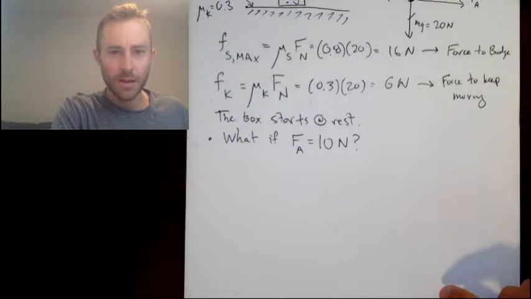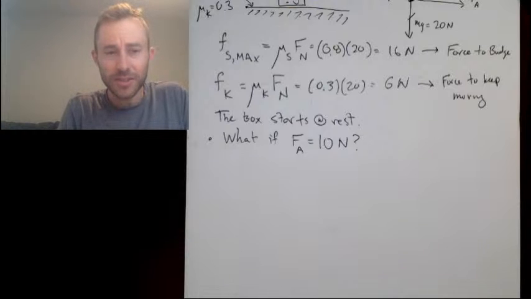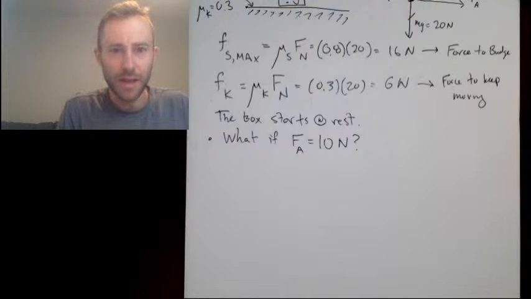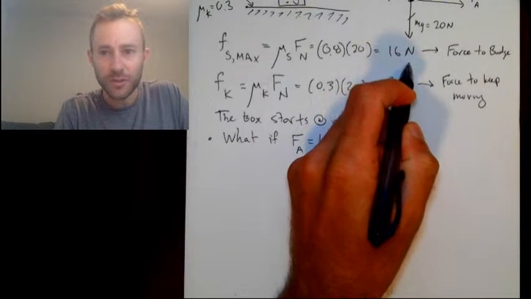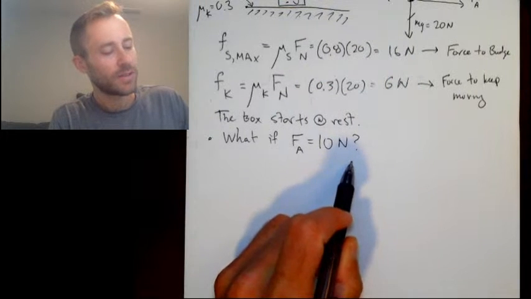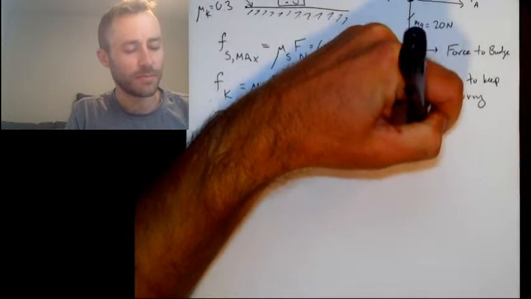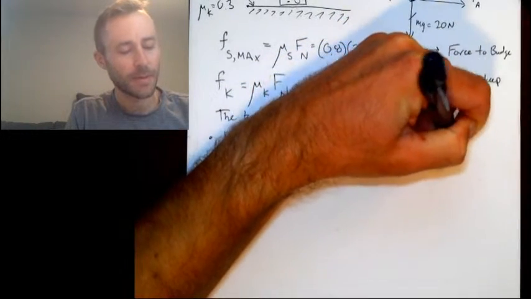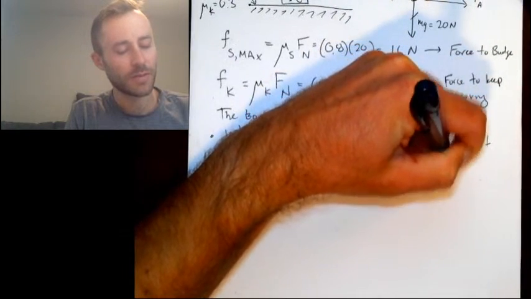If the box is at rest, is 10 newtons enough to make it start to move? Well, we need at least 16 newtons to make it move. So because 10 newtons is not enough, the box won't move. The box won't budge.